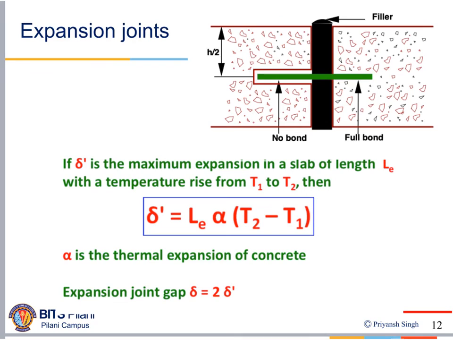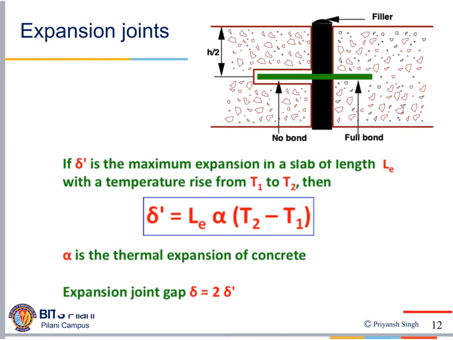The expansion joints are the joints to allow the expansion of the pavement due to any rise in the temperature with respect to the construction temperature. Mostly they are provided in the longitudinal direction, or they can be provided in the transverse direction as well. The design of expansion joints involves finding out the spacing and the thickness of the expansion joint.